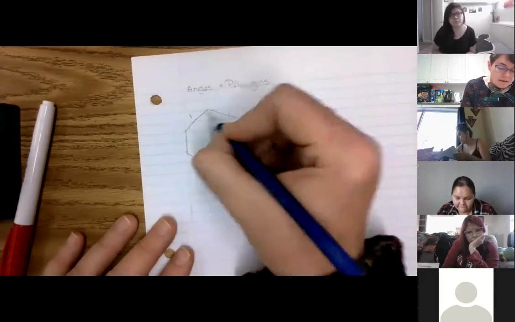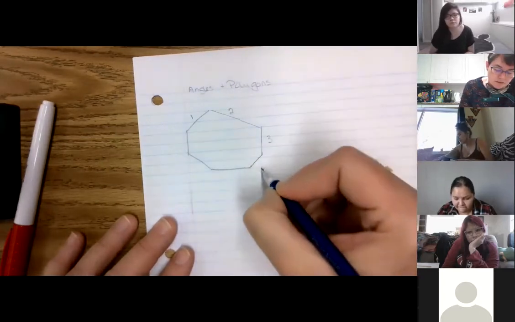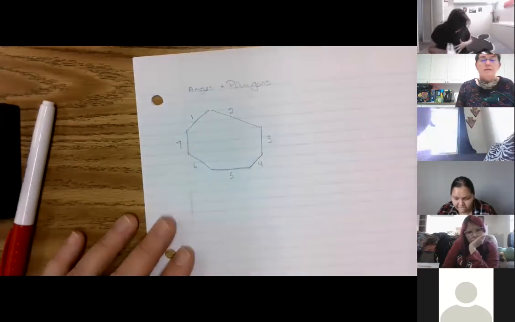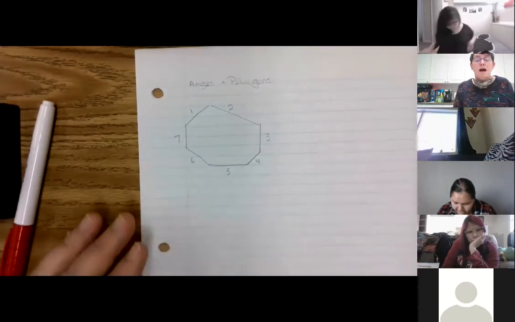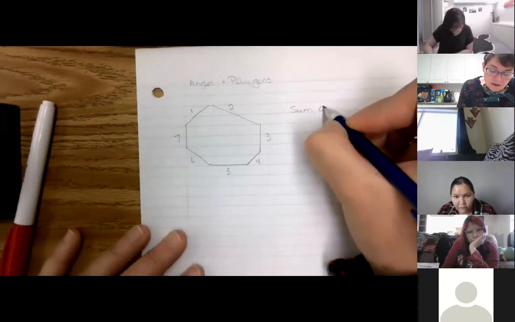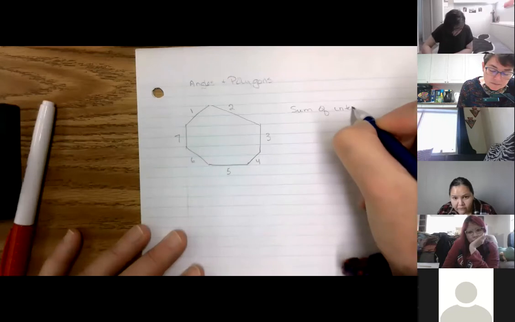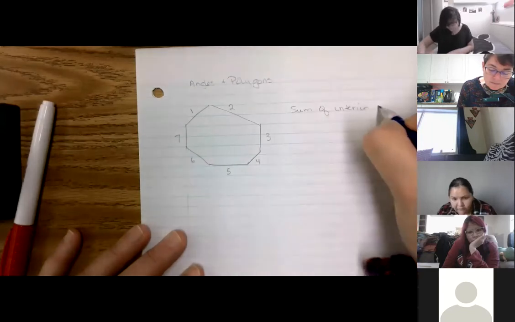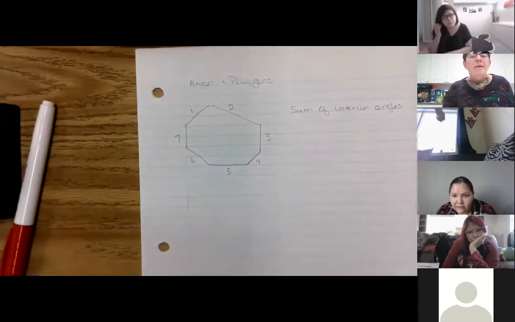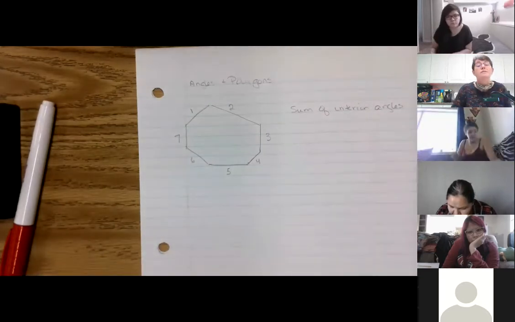So I've got a 1, 2, 3, 4, 5, 6, 7-sided figure. I would like you to find the sum of the interior angles. I don't care how you do it. Well, don't Google it.